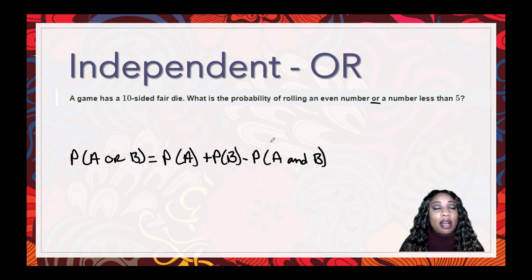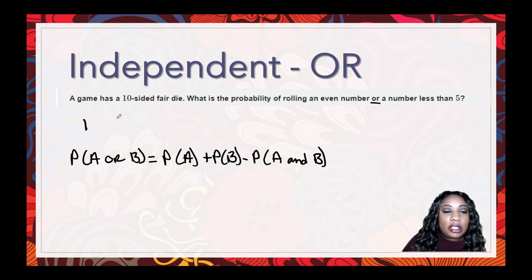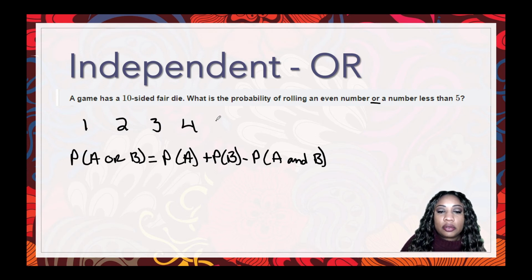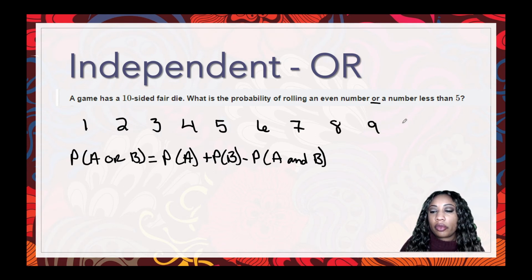Now for these type of problems, I like to actually write out the possibilities. So we have 1 all the way up to 10. Okay, so we have the probability for A is rolling an even number.